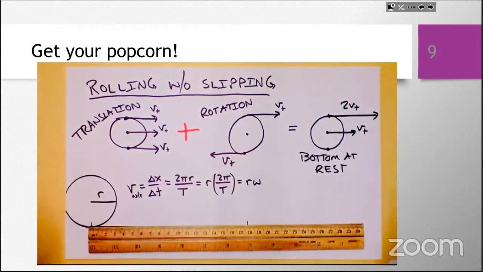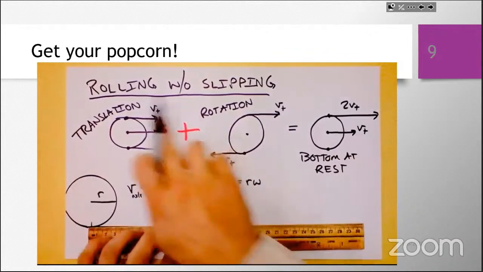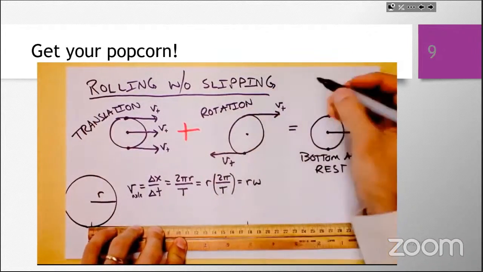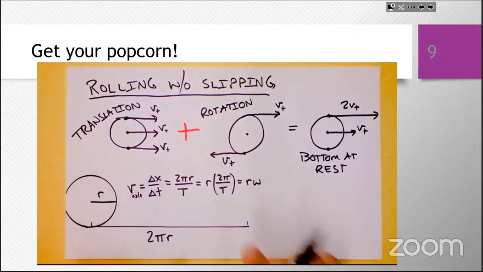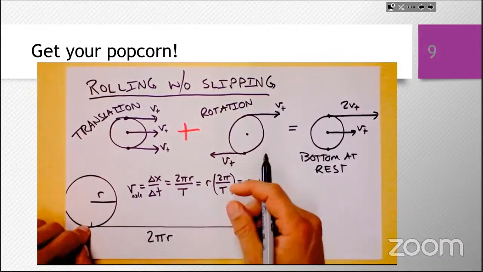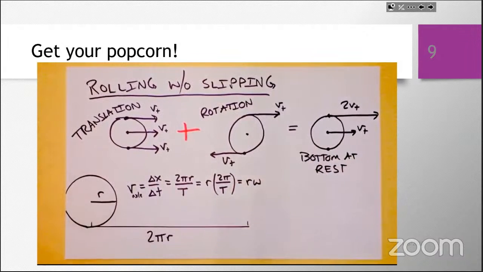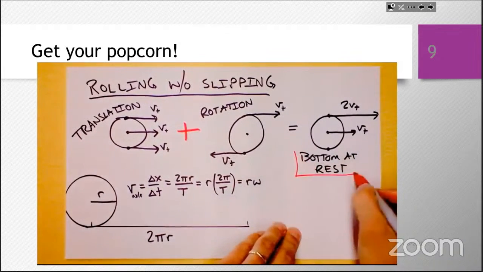This is very hard to accept. When you look at a car tire, if it is truly rolling without slipping, then the car tire is stopped at the bottom. The bottom being at rest is a critical element of something that's rolling without slipping.